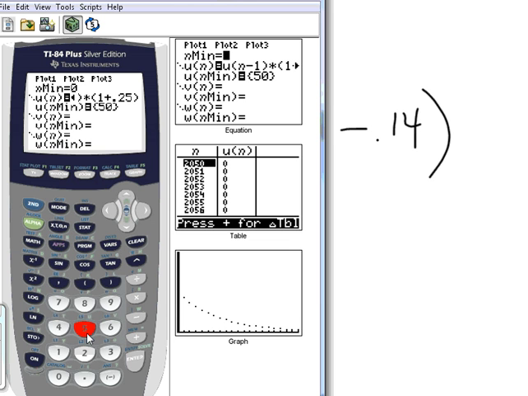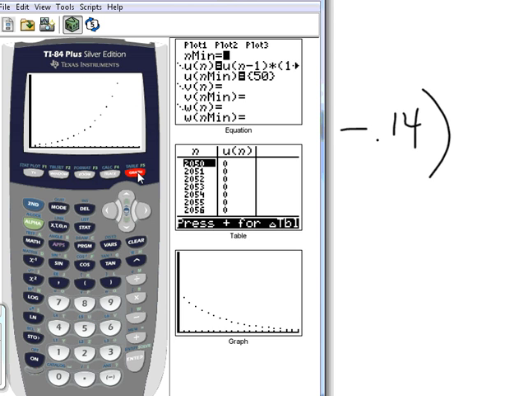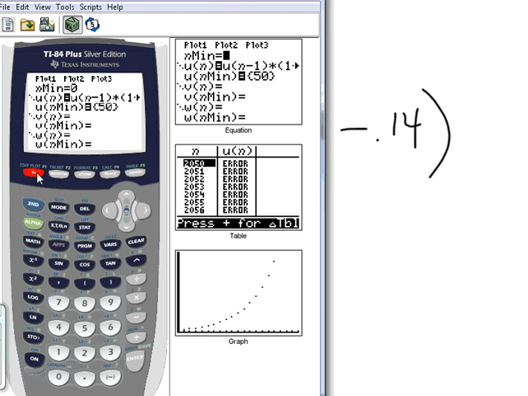And let's see what that graph looks like. You see how the graph is going up pretty dramatically now? All right. I'll put this back up in case you got lost in what's going on here.